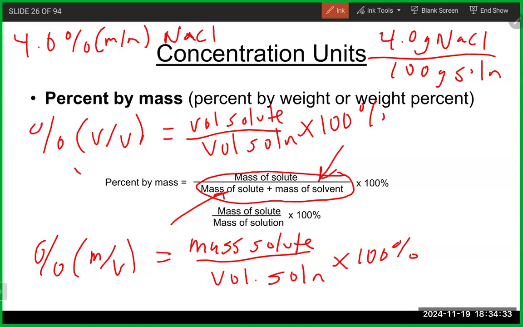You could do a similar one for any of these. It would just be milliliters over milliliters, and grams over milliliters for the bottom one.